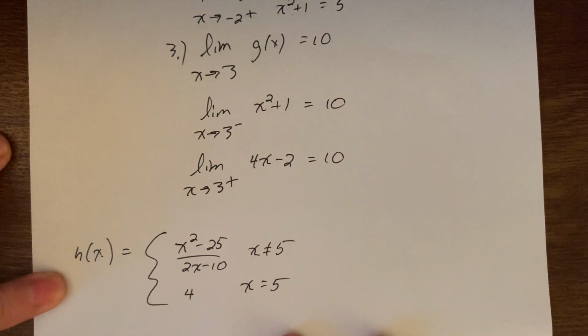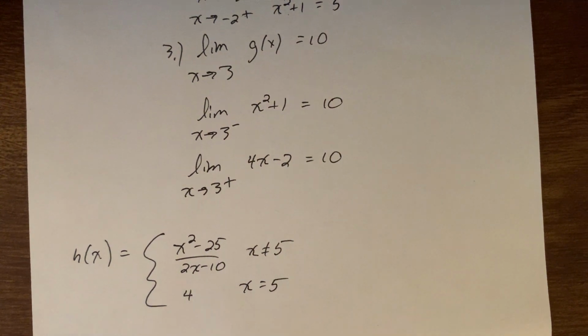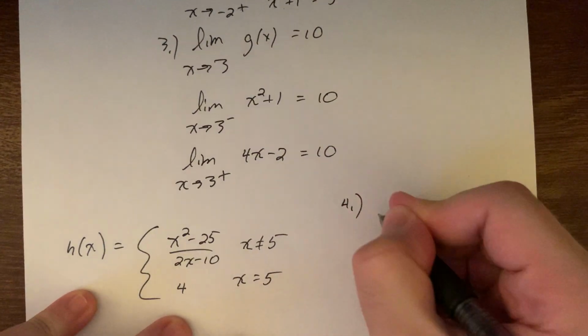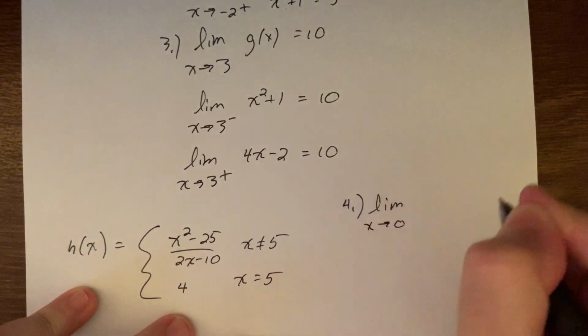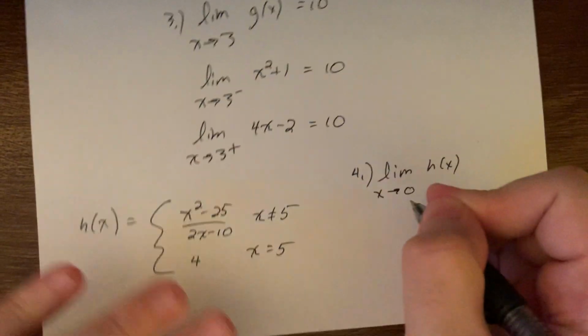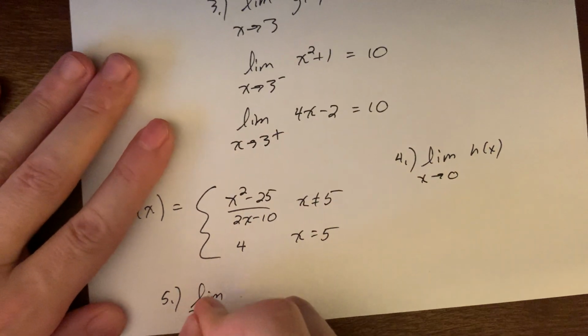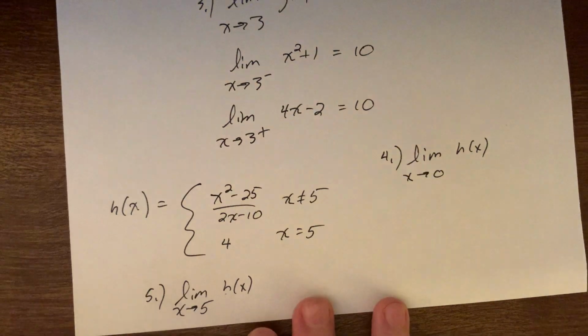Realize, everybody, I have to give you a piecewise function. I'm not asking you to make up a piecewise function here. I'm giving you a piecewise function and then asking you limits. So we'll do number 4, the limit as x approaches 0, and then number 5, the limit as x approaches 5.